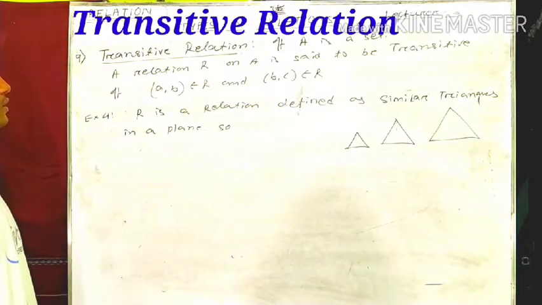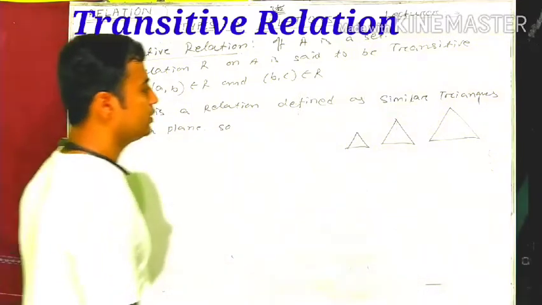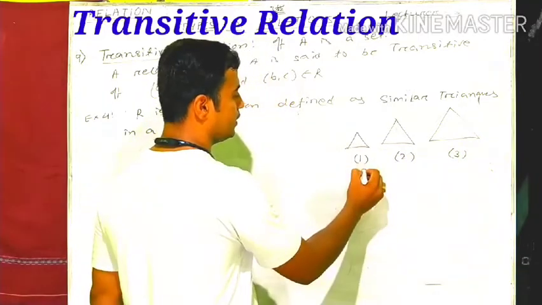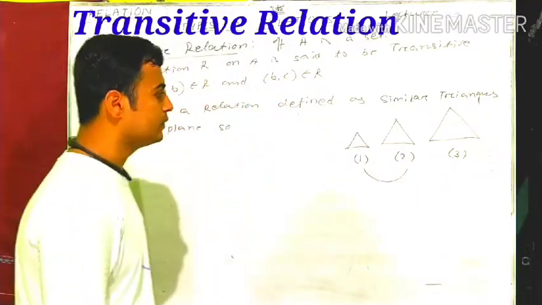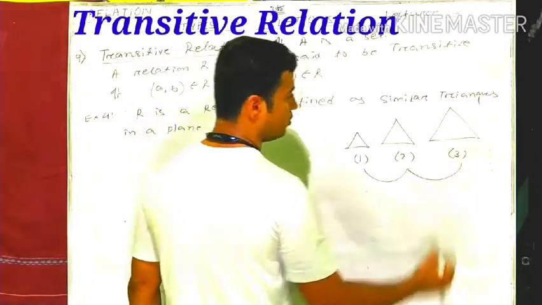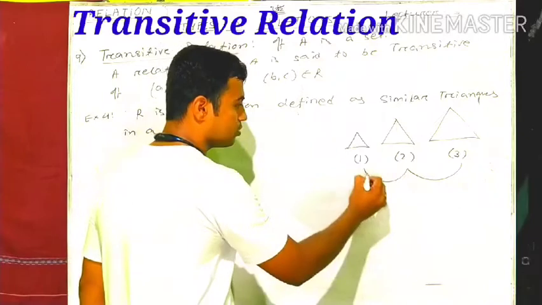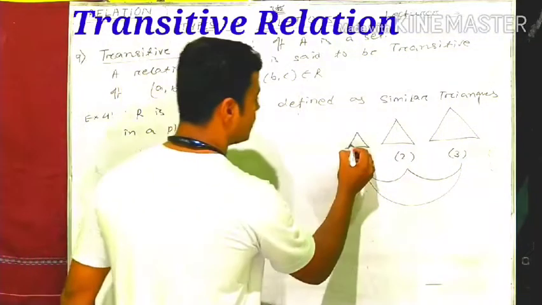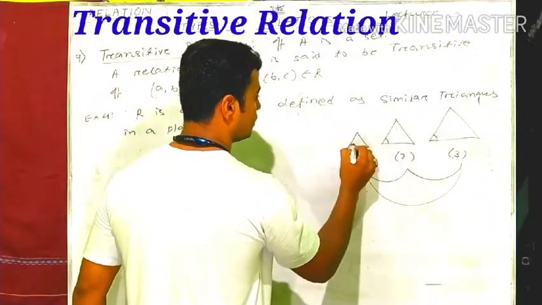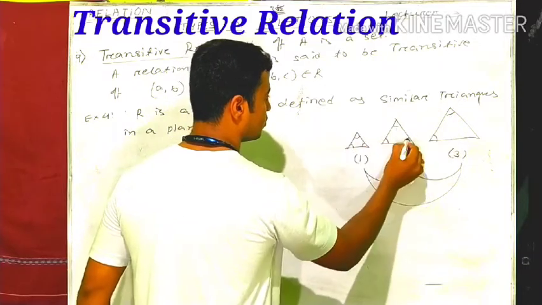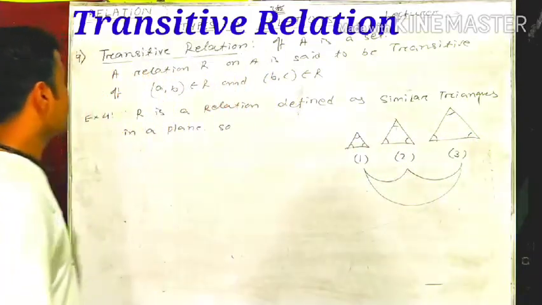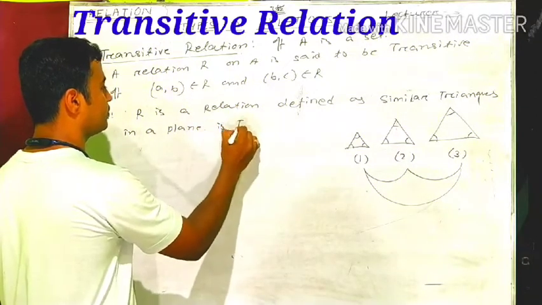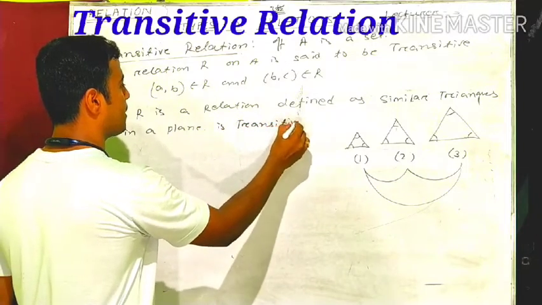So this relation is a transitive relation, because the first triangle is similar to the second triangle and the second triangle is similar to the third triangle, so the first triangle is also similar to the third triangle. Similar triangles means the corresponding elements are equal. So R, the relation defined with similar triangles in a plane, is a transitive relation.